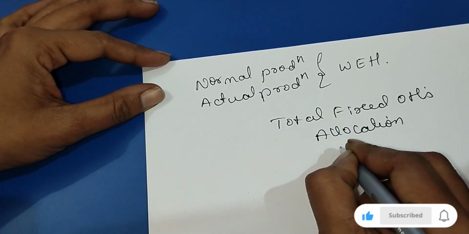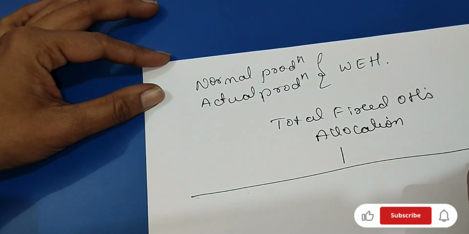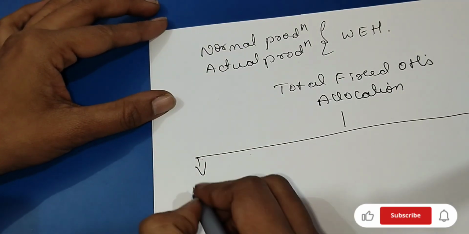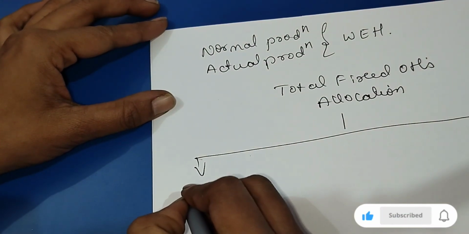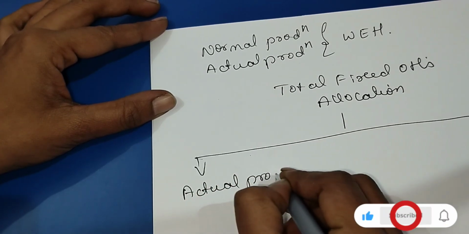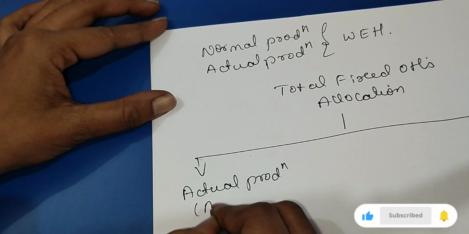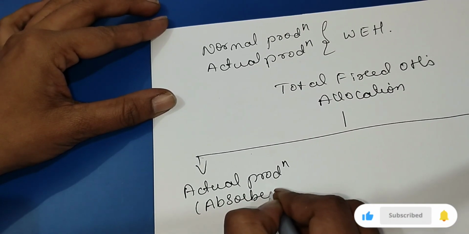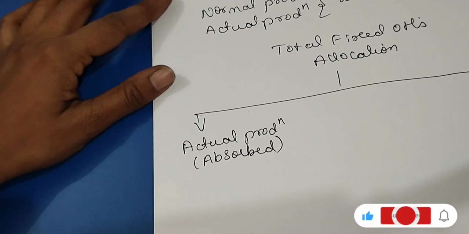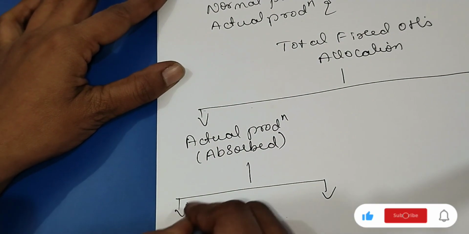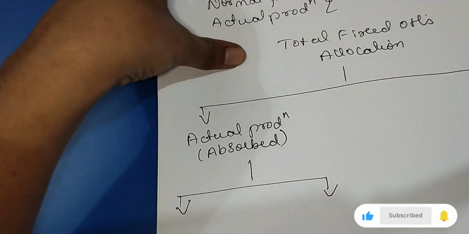We can allocate the total fixed overheads in two ways. First one, by considering the actual production, whatever you have absorbed, that is called absorbed. Under this, again, you can allocate in two ways.